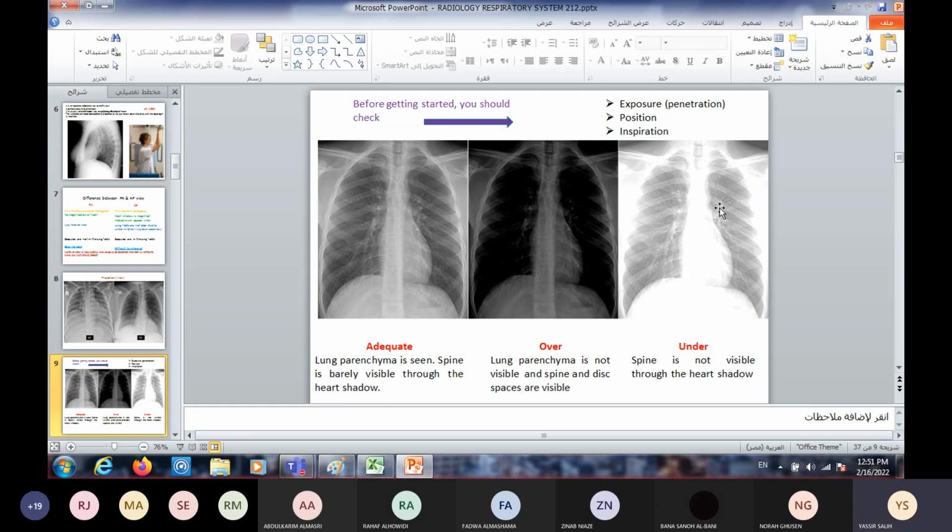And if you look at this one, you can see the lung field is opaque. How do we know this film or this chest X-ray is of good quality or bad quality concerning the factor? How do we assess this film?